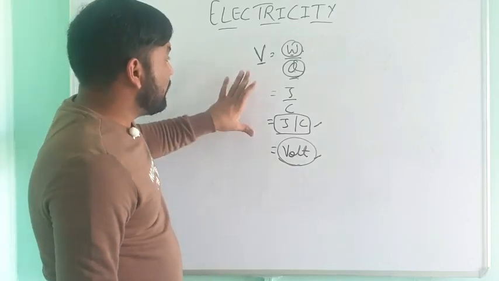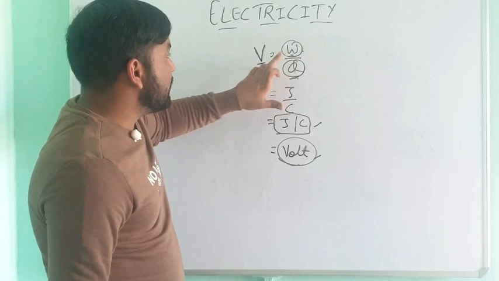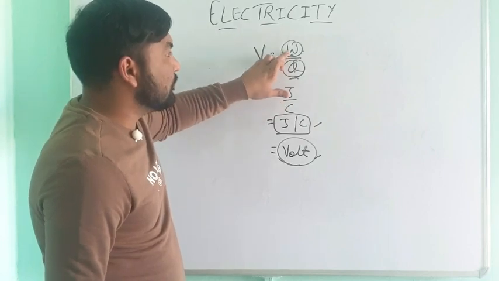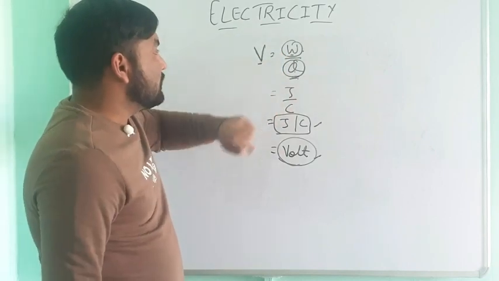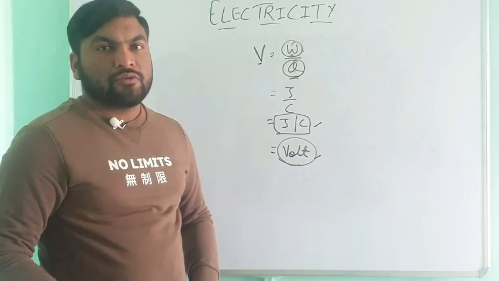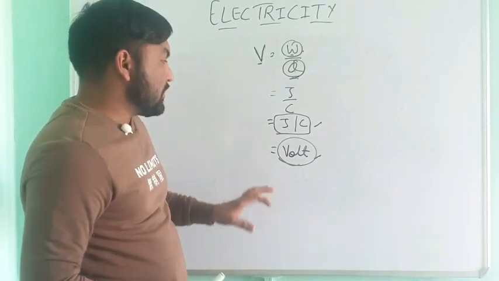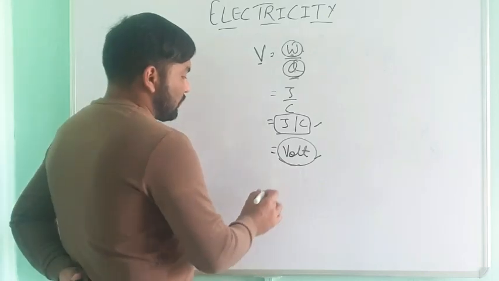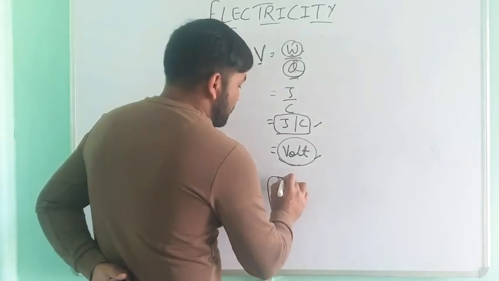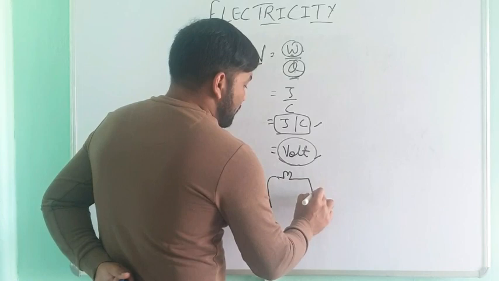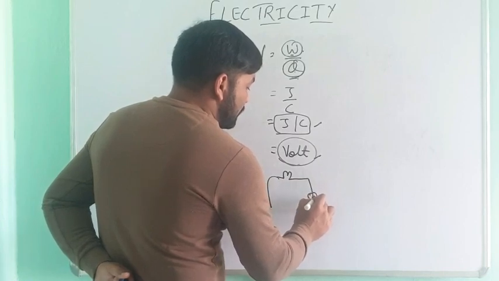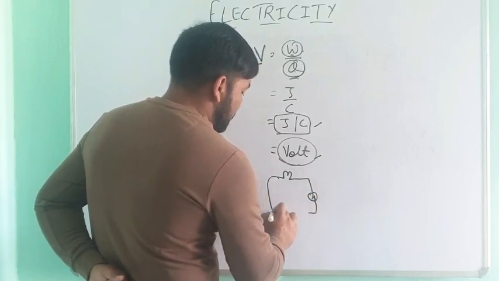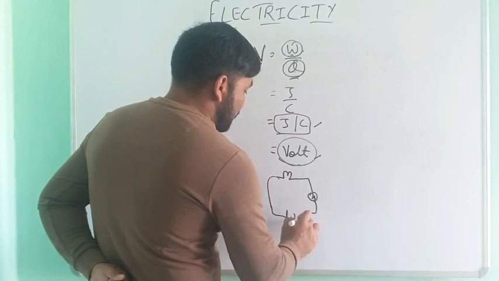After getting this formula, we can calculate the value of potential difference, where W is the work done and Q is the charge. To know what amount of potential difference a battery is giving, or what amount of potential difference is across the circuit: as this is a bulb, this is the ammeter we use to calculate electric current, and this is the battery.